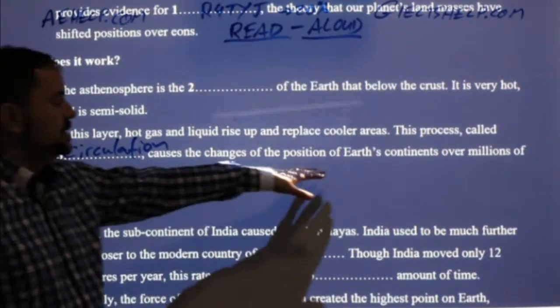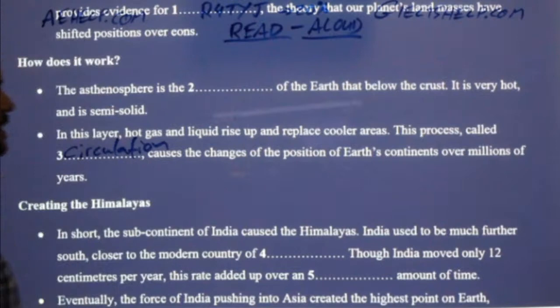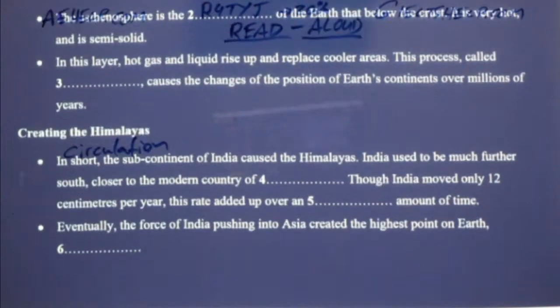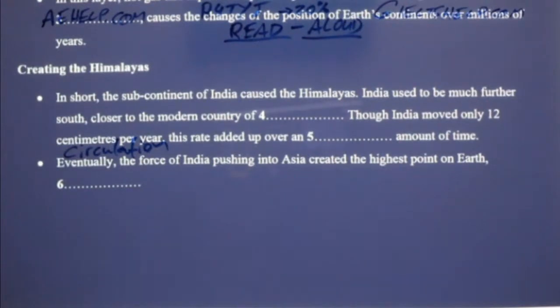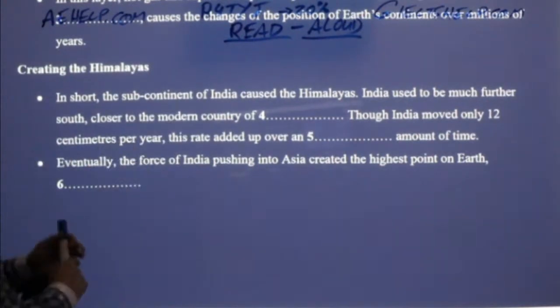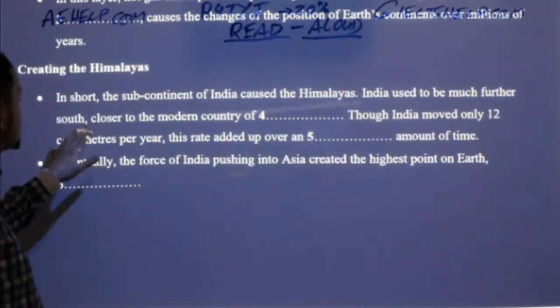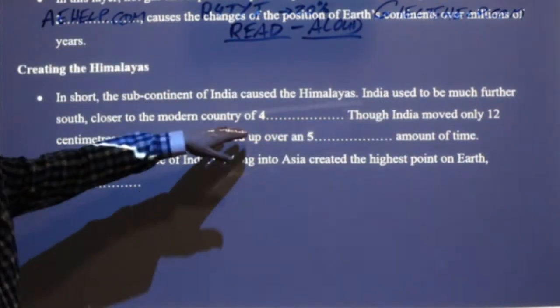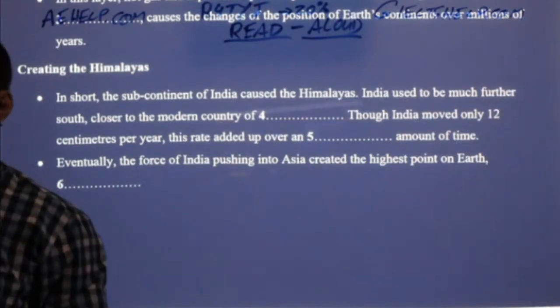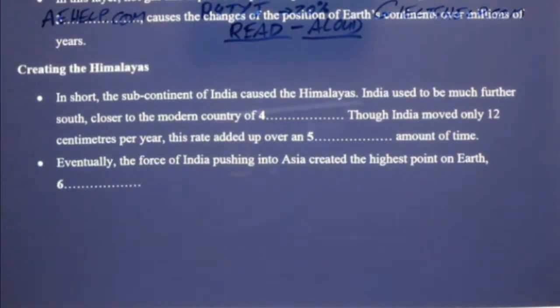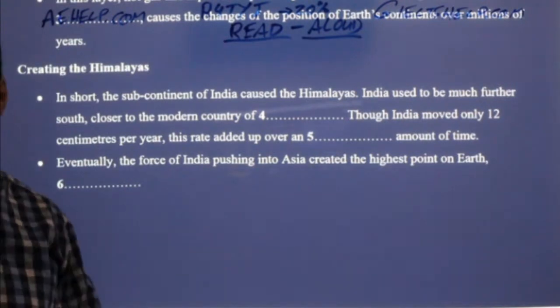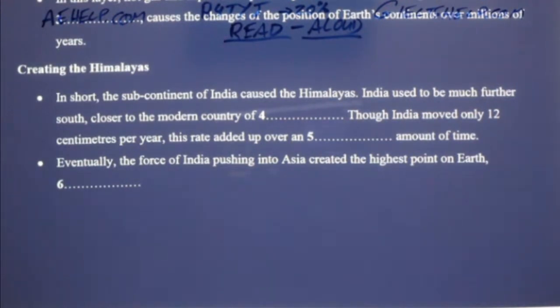It causes the changes of the position of Earth's continents over millions of years, creating the Himalayas. In short, the subcontinent of India caused the Himalayas. India used to be much further south, closer to the modern country of Australia. This should be an easy one. Circulation was the right answer. They might take convection, like a convection oven, but it's circulation.